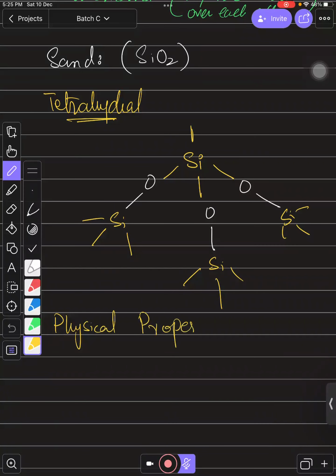Sir, the spelling of tetrahedral is not HED, it is HYD. Tetrahedral is HYDRAL, sir. I think it should be HYDRAL. Sir, I think it should be ED. Yes sir, Google it and see. Let's see. Tetrahedral. Yes, you are right, I'm wrong.